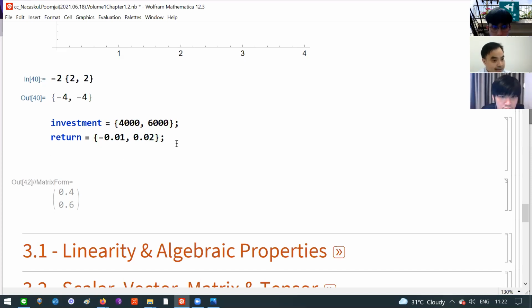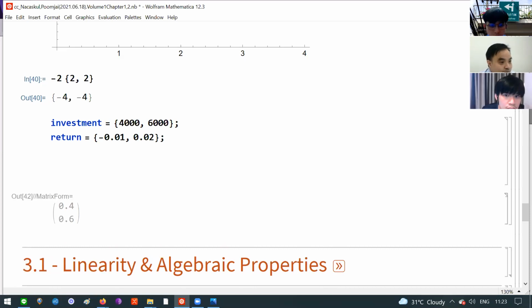In mathematics, this kind of element by element multiplication, where you line them up, multiply them, and add the sum, is called a dot product.